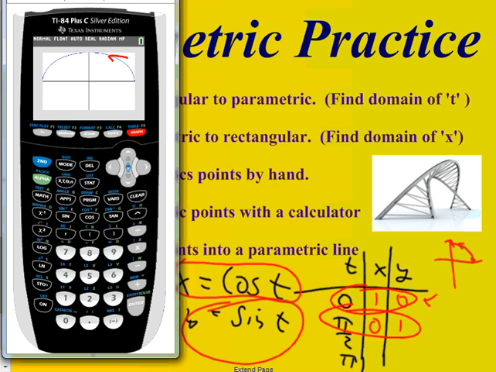And then at pi, it would be negative 1 comma 0. That's that spot right there. And it makes some sense that you just keep moving. Here was the first point at t equals 0. Here was, or no, it was t equals pi over 2 actually. And then as we keep getting bigger, it makes some sense.